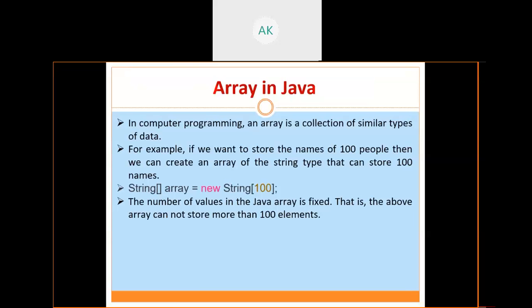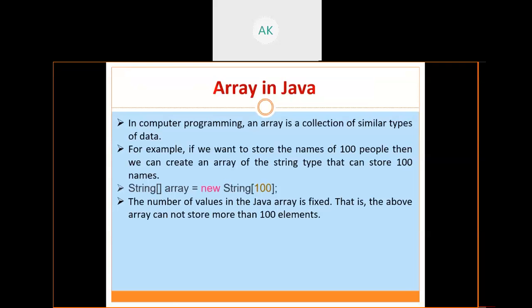In C, you must have seen that we declare the array with a data type, then the array name, and then a square bracket, and inside the square bracket we put the maximum size or limit of the array, right? Whereas in Java, the syntax is a bit changed.